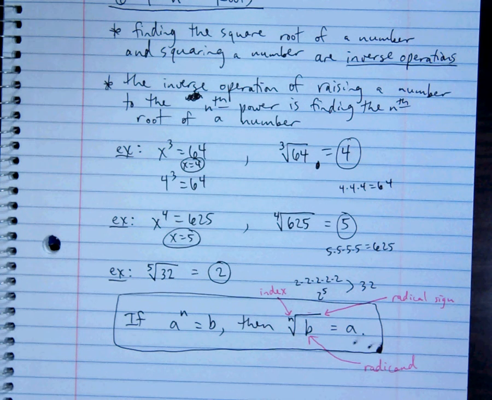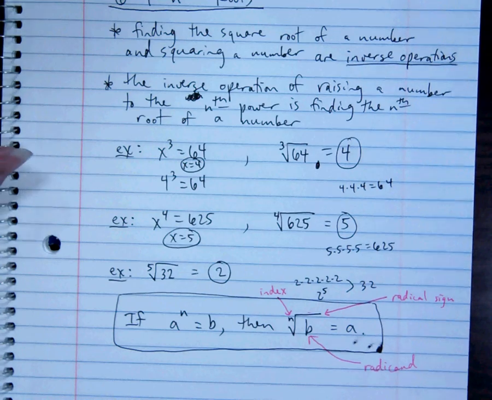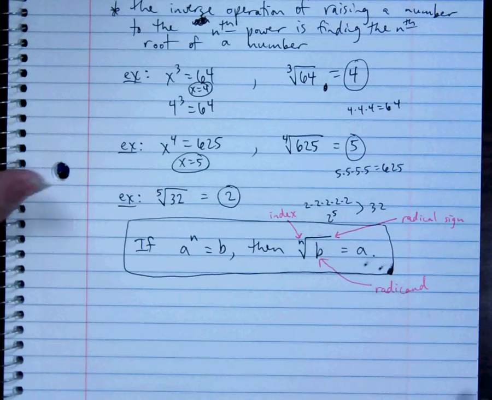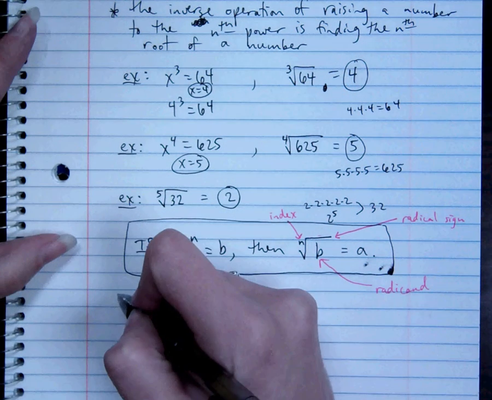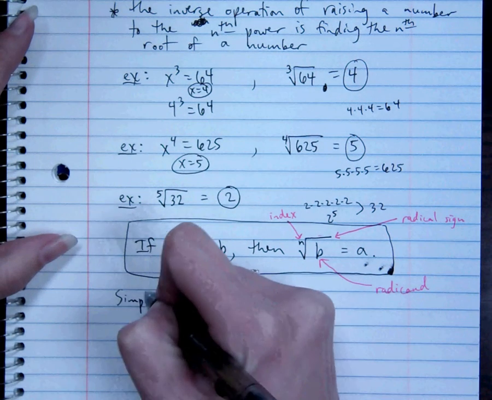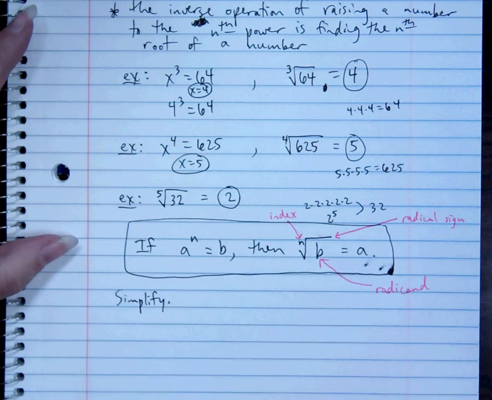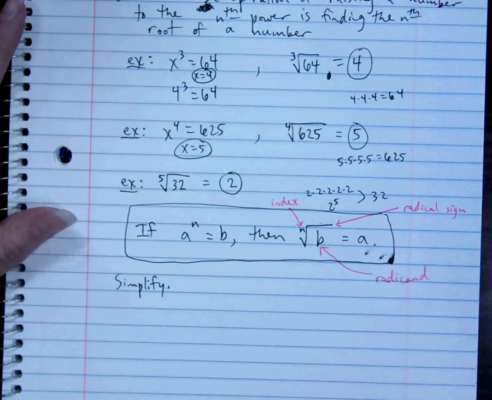So, okay, let's do some simplifying of more complex ideas, I guess. We'll start with still kind of some basics, but we're throwing in variables here too, is the big thing. So directions for everything today are just going to be simplify. So we're just making things as simple as we can.